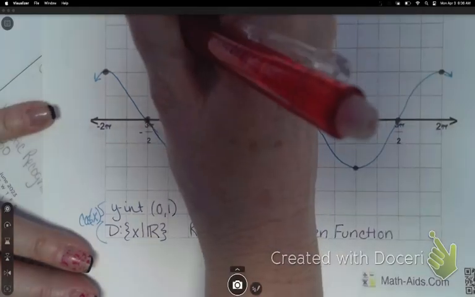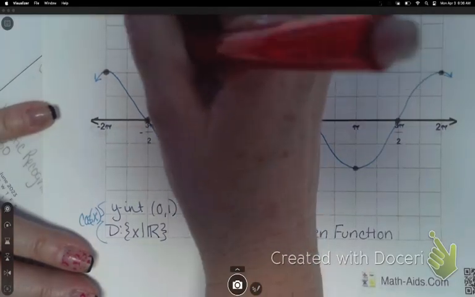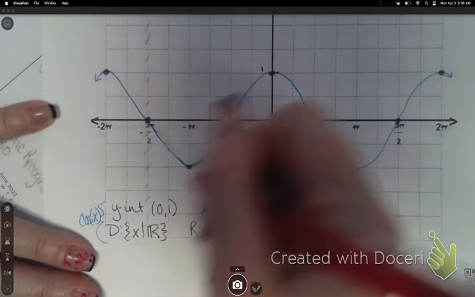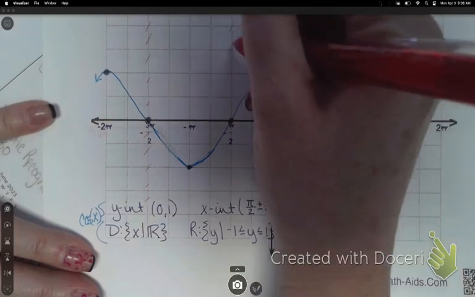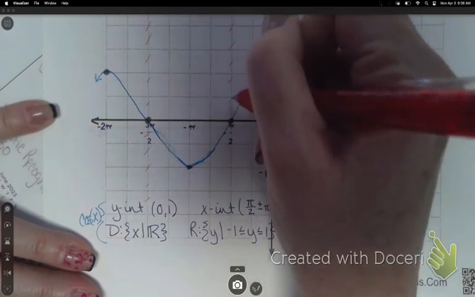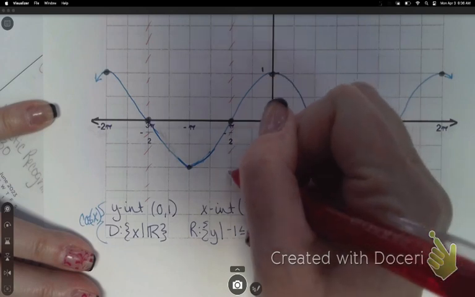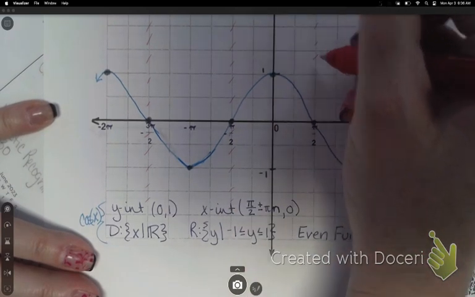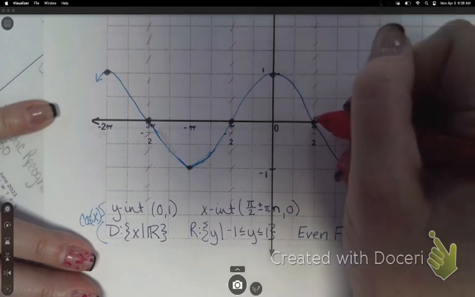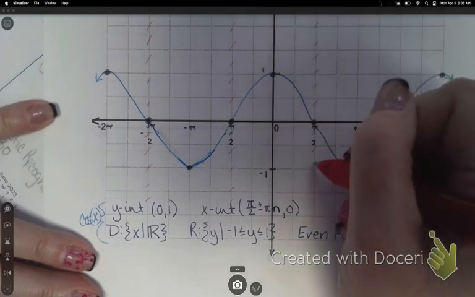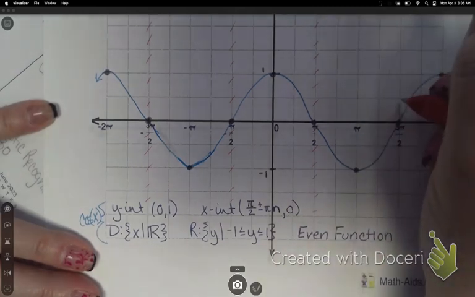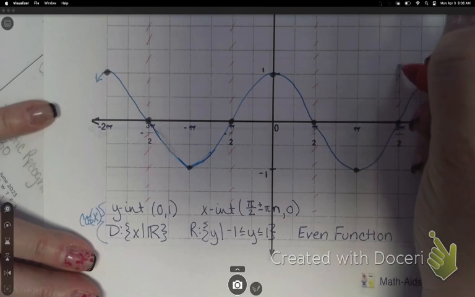So every 0 make an asymptote. And every positive or negative 1, it's just going to be positive or negative 1, right?